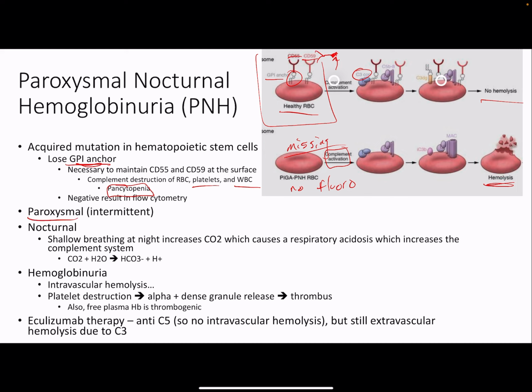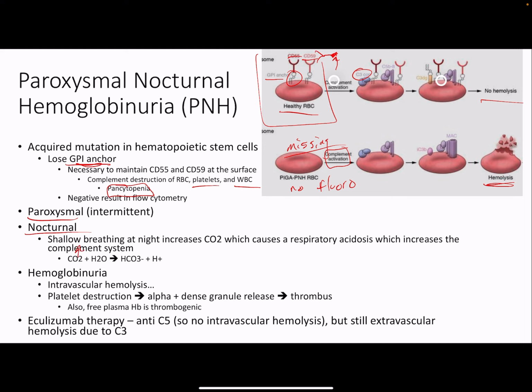So paroxysmal just means that it's intermittent. It comes and goes. Now it comes a little bit more at night. This is actually debatable, but let's just go ahead and say it comes more at night. The idea here is that at night you're hypoventilating, and this shallow breathing might increase the amount of CO2. So you're not breathing out as much, so the CO2 goes up.